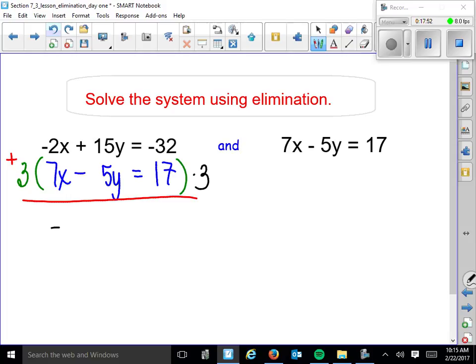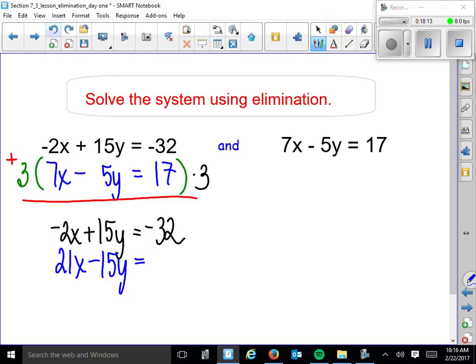So my first equation I don't need to change: negative 2x plus 15y equals negative 32. The second equation, because I'm multiplying each and every term by 3, is going to be 21x minus 15y equals 17 times 3. What is it? I can do it. It's 51.